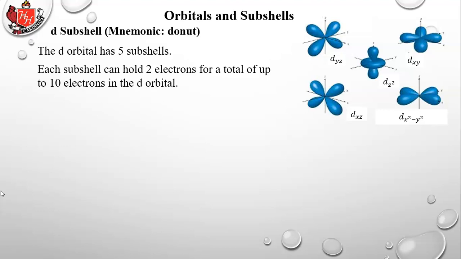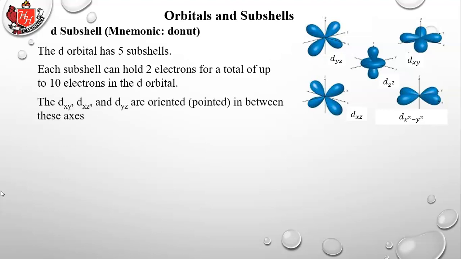It just means somewhere in each of those different sections you have 2 electrons, or up to 2 electrons, depending on the element. So the dxy, the dxz, and the dyz are pointed in between these axes. So there's 4 lobes, for example, for the dxy, and it's pointed. You can see it up in the upper right.